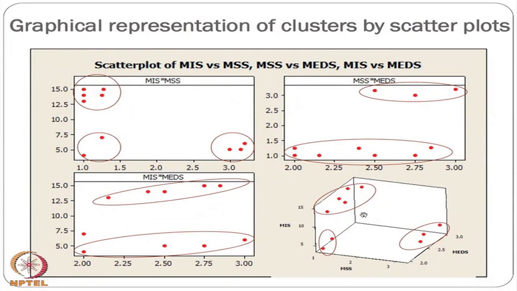When you go for four dimensions onwards, you will not be able to visualize it like the pictorial representation you have seen here. So what we mean to say is that we are definitely going for more variables, or more characteristics or features, for every item, object, or individual that we want to cluster.